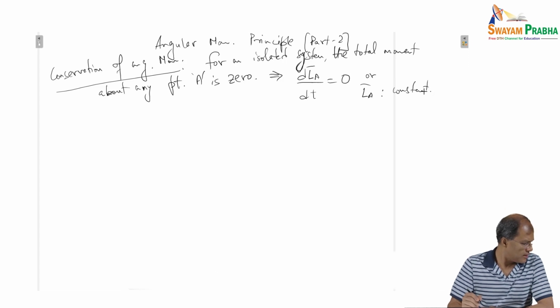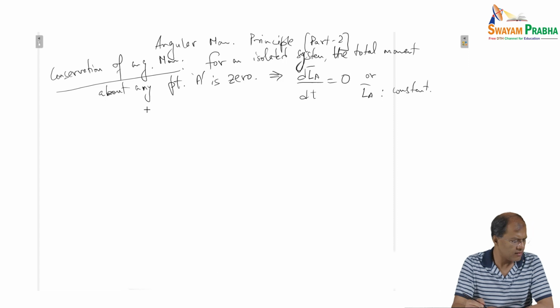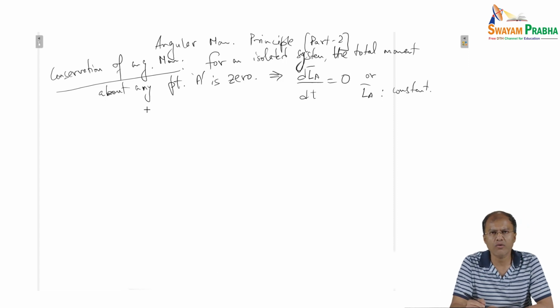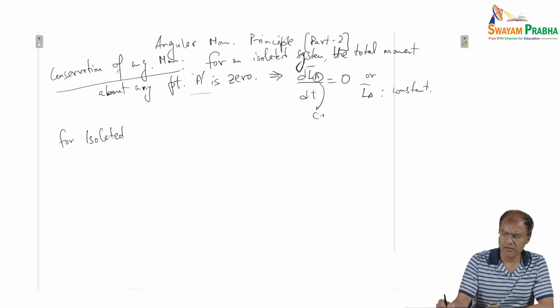Another way to write it is that for an isolated system, the angular momentum about its center of mass. We have taken any point A here. The A could be a special point, that is the center of mass, right? So we can rewrite this result for an isolated system. This is center of mass.